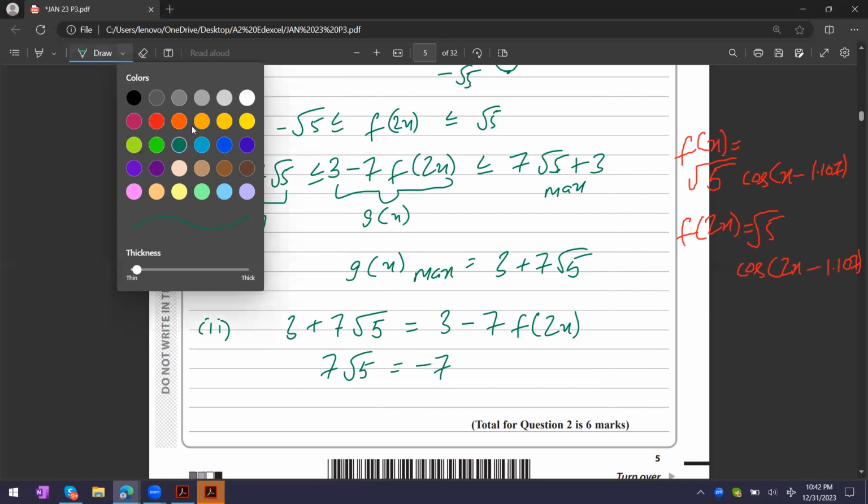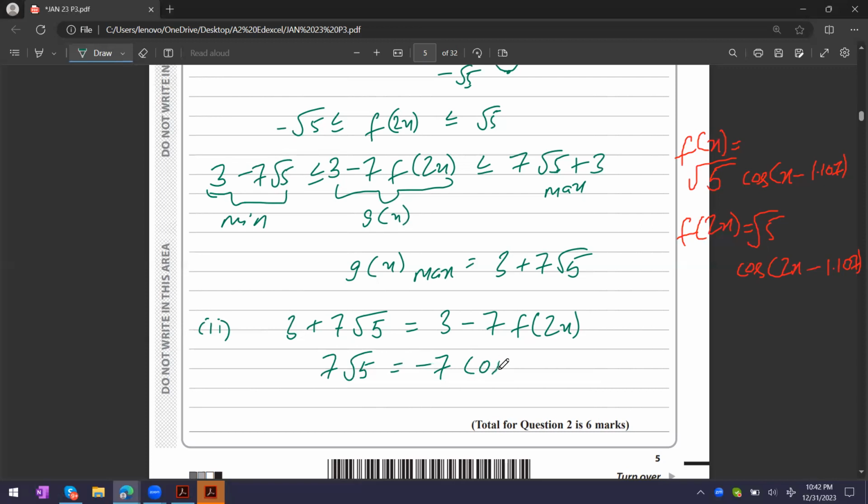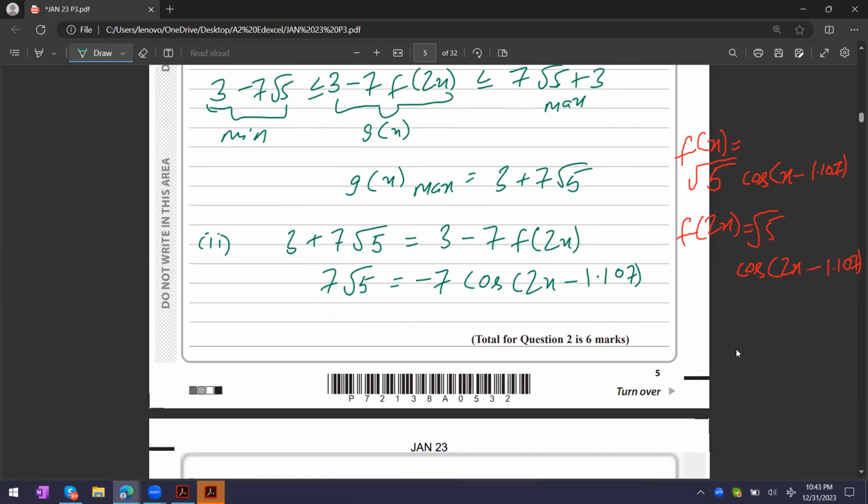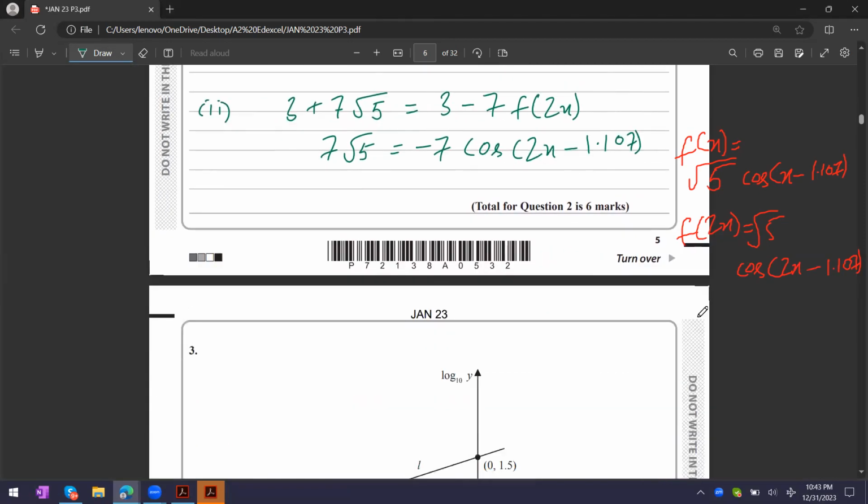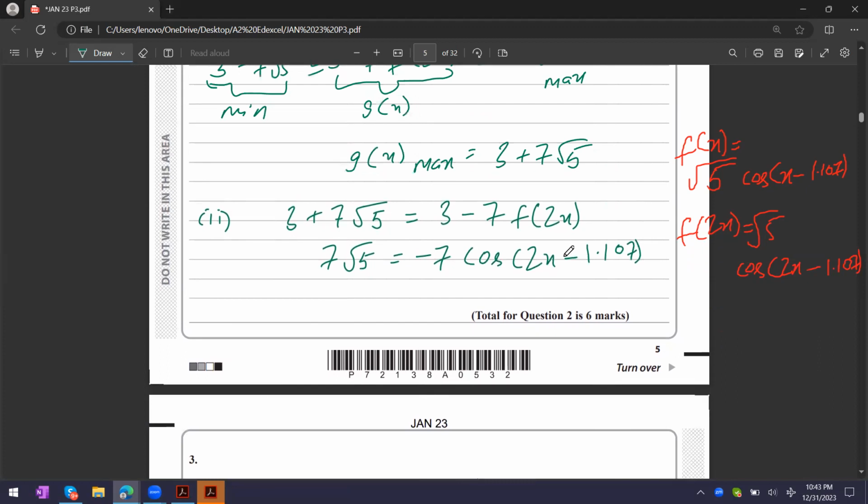So that means we can write minus 7 f of 2x as minus 7 root 5 cosine of 2x minus 1.107. This step is not that hard. It's just that you need to do some manipulation here, make x the subject.